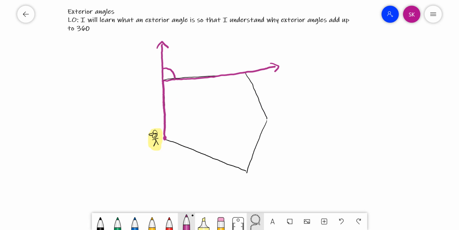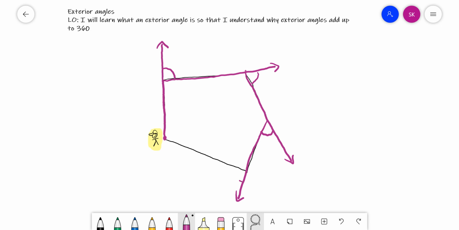So he walks along here and he gets to the next point at the corner of the garden. And again, he has to turn so that he's facing this way. Now at this point, he's almost facing opposite to the direction that he started off facing in. He's facing like south. He has to turn a bit more so that he's now facing this way and he can walk along here.